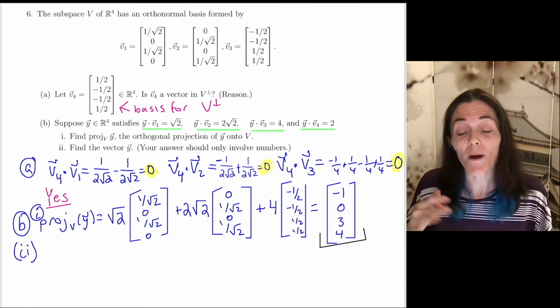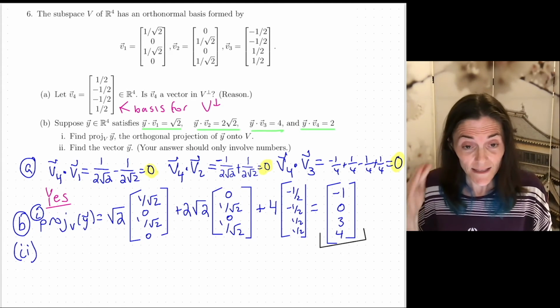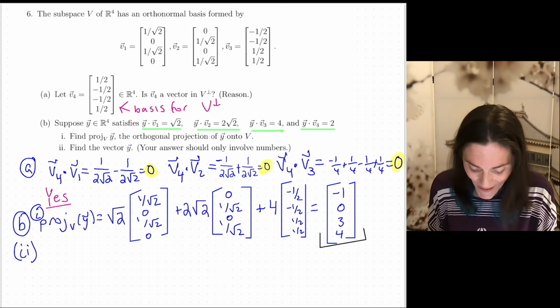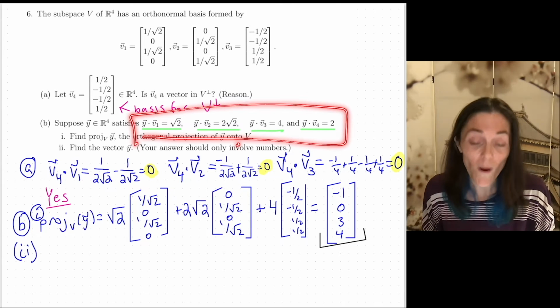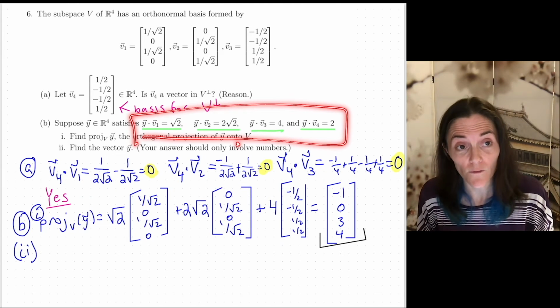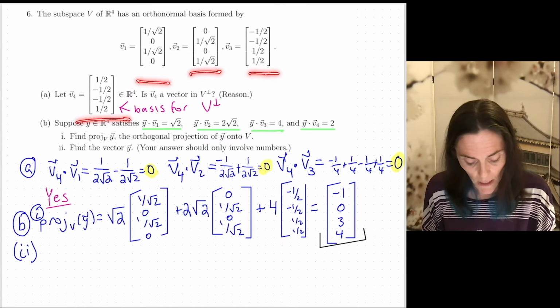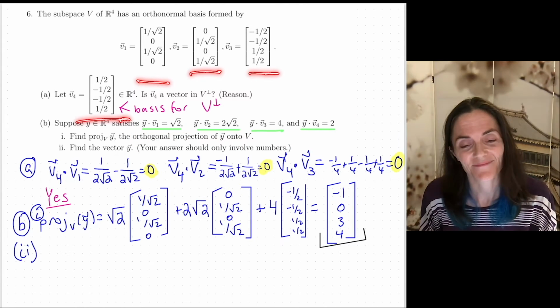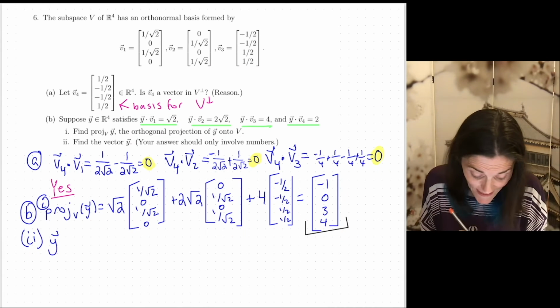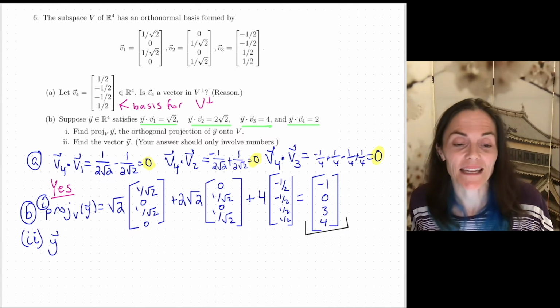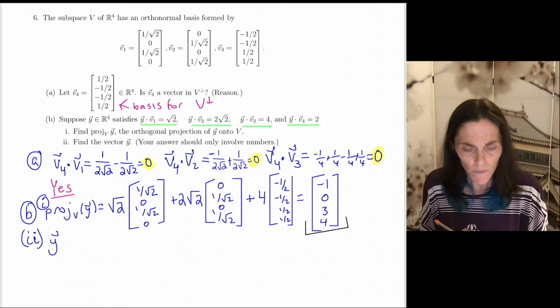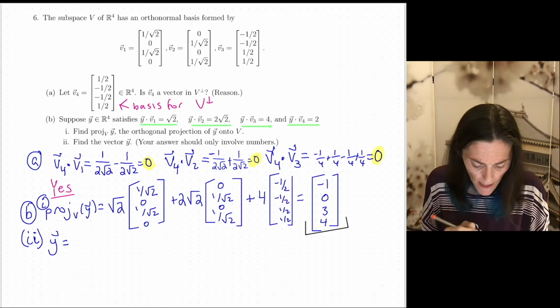So if we want to get the vector y itself, well, we are told the coordinates. These are all the coordinates of y with respect to the basis for R4, that is V1, V2, V3, and V4. So to get y itself, as we need in letter II, maybe I will show an intermediate step here.